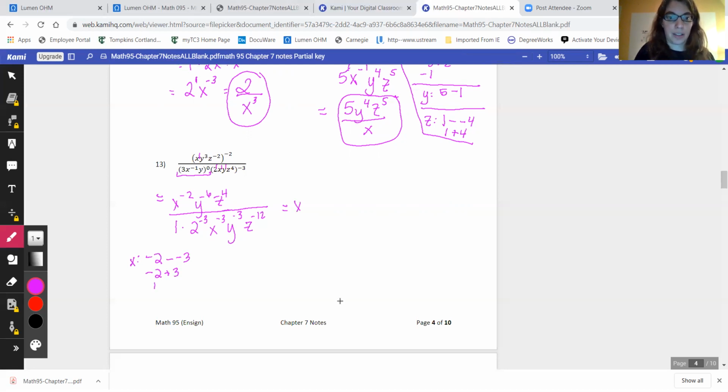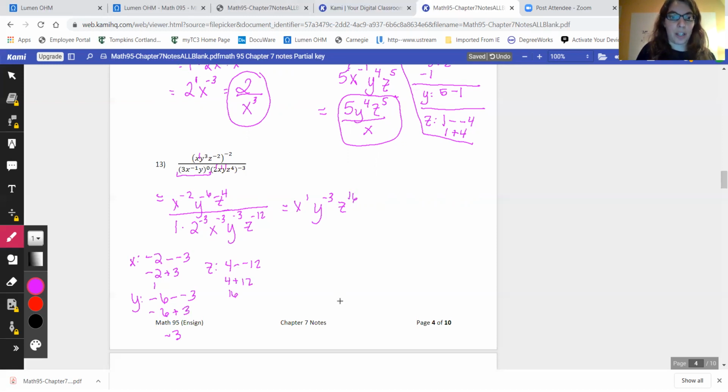So I have x to the 1st. For y, I have -6 minus -3, which is -6 plus 3, which is -3. And then for z, I have 4 minus -12, which is like 4 plus 12, or 16.